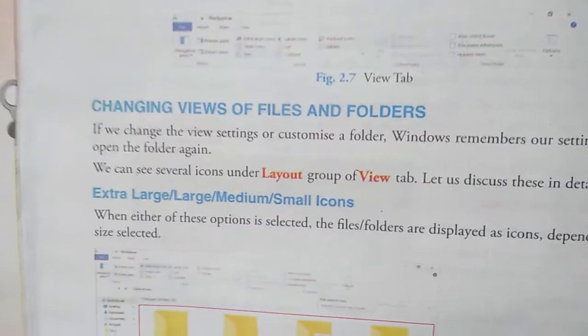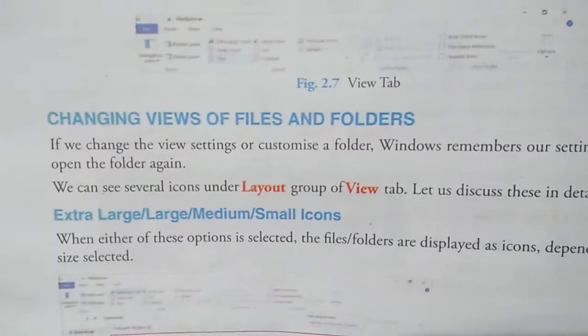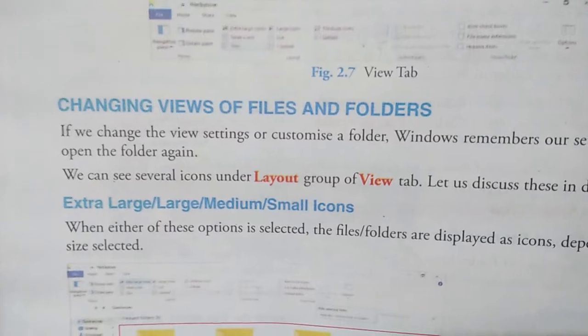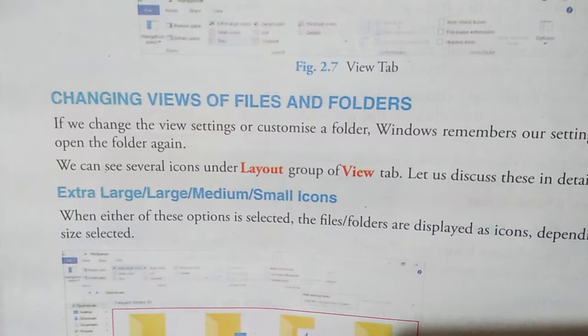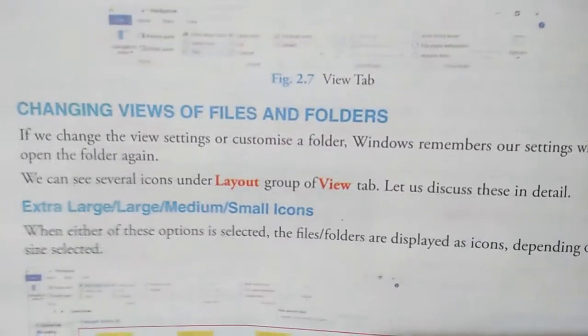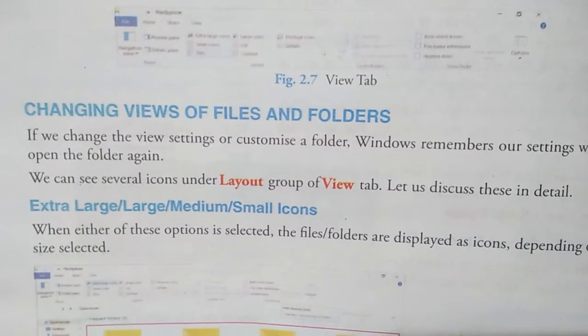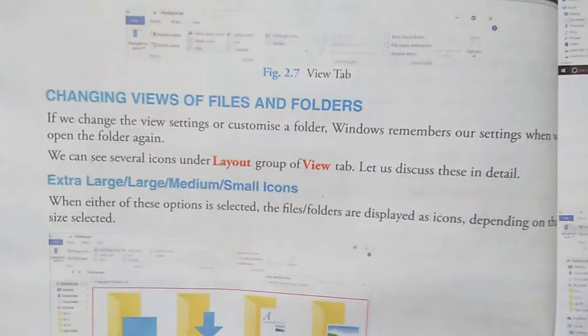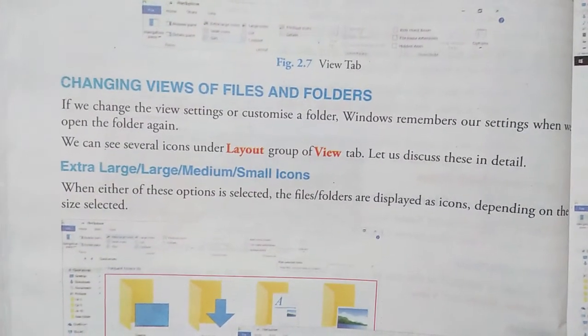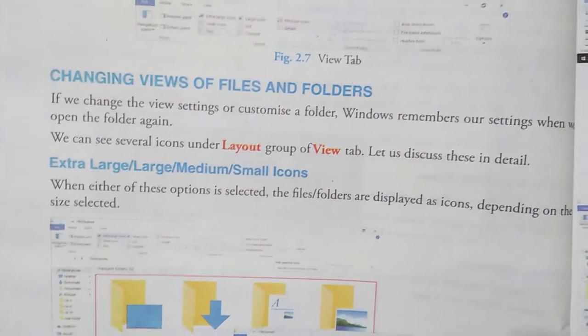Changing views of files and folders. If you want to view in a different manner, you can do it through changing the view of files and folders. If we change the view settings or customize a folder, Windows remembers our settings when we open the folder again.